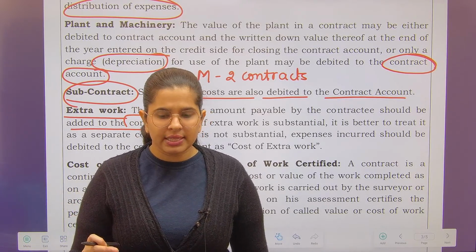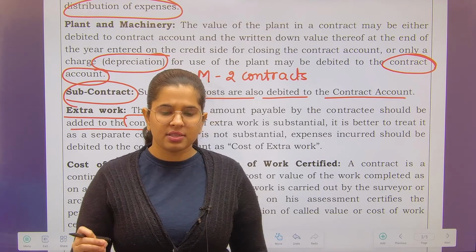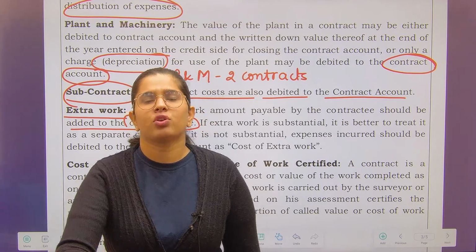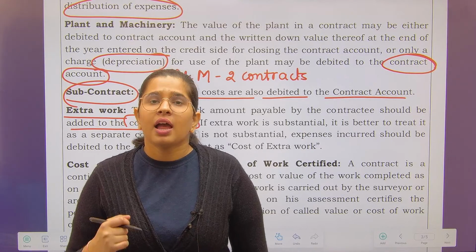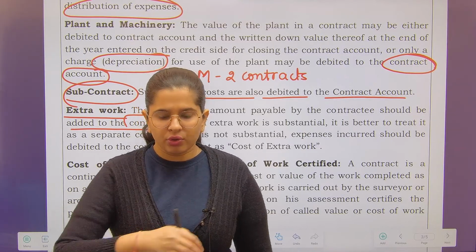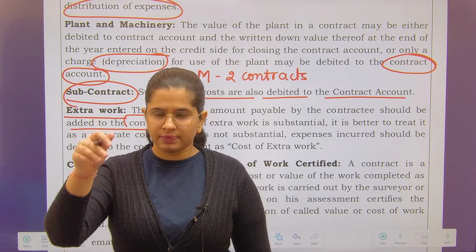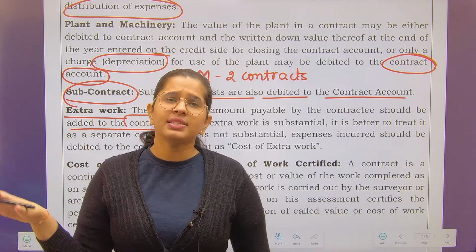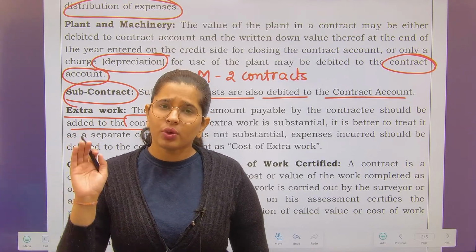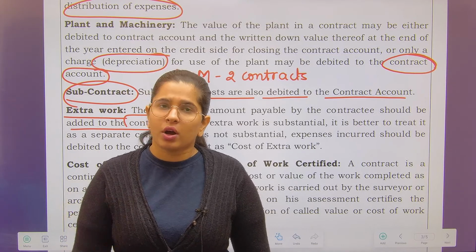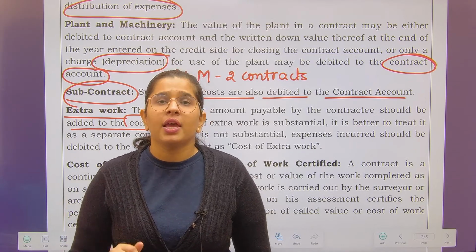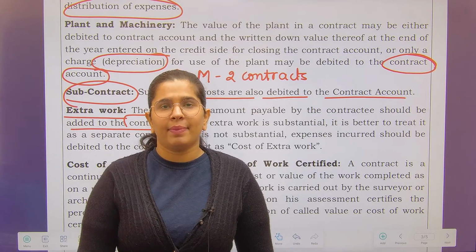In this particular scenario, if contractee asks you that please perform this extra work as well, that after building the road, now you have to prepare your pavements as well. So in this particular scenario, you are calling for extra work, fine. You have to give extra payment as well.